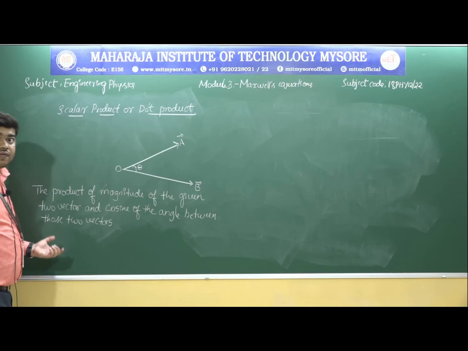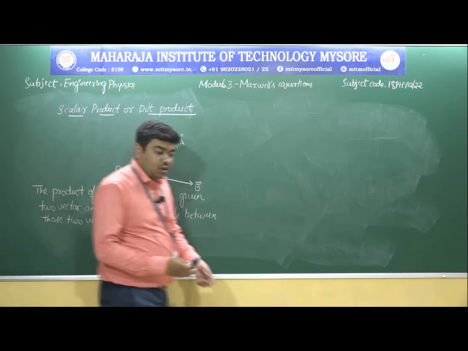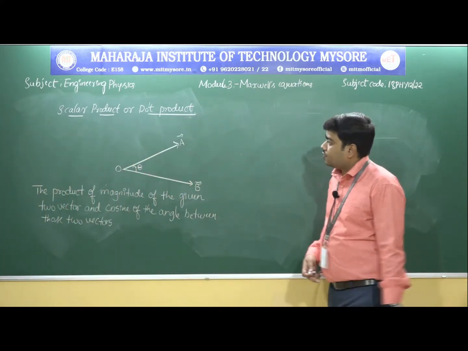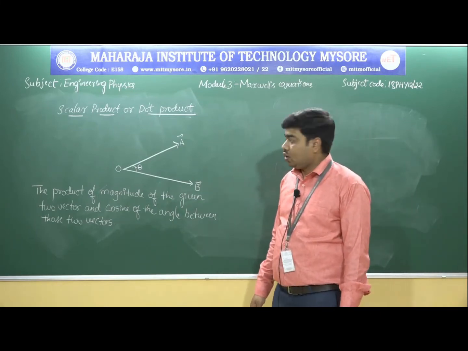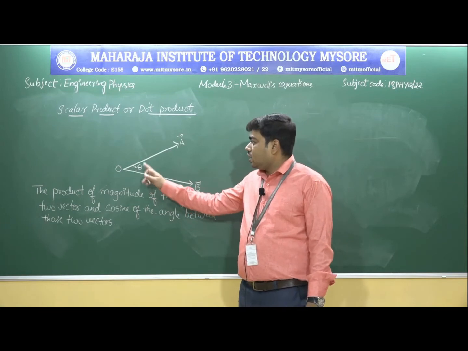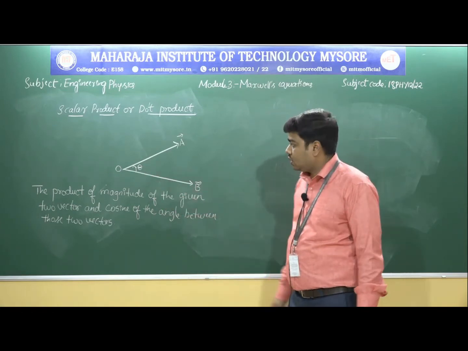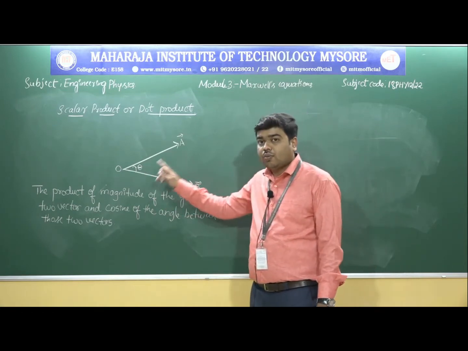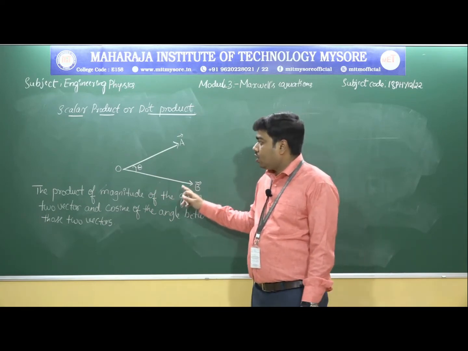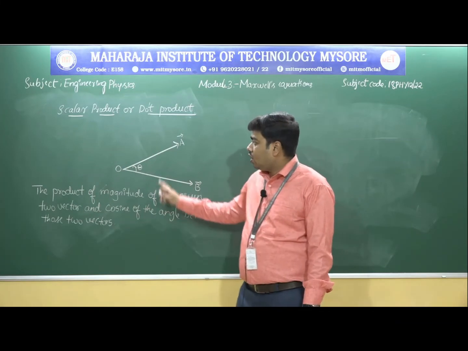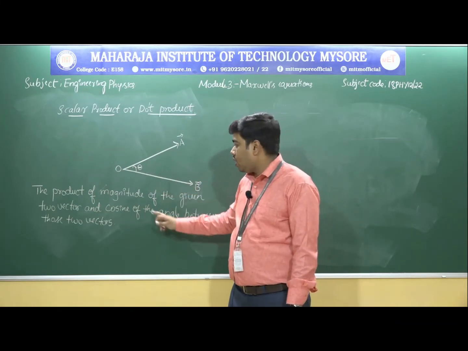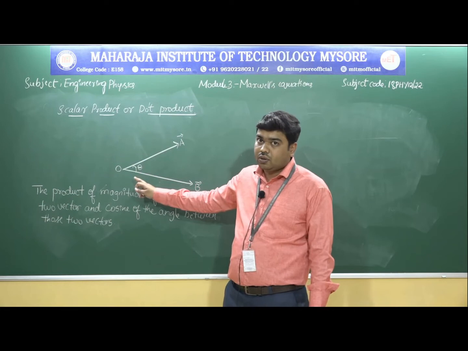So this is how we can define the scalar product. If we have two vectors, vector A and vector B, originating from the origin O, with an inclination of angle theta between them, then the scalar product of vector A and vector B is defined as the product of the magnitudes of vector A and vector B and the cosine of the angle between them.